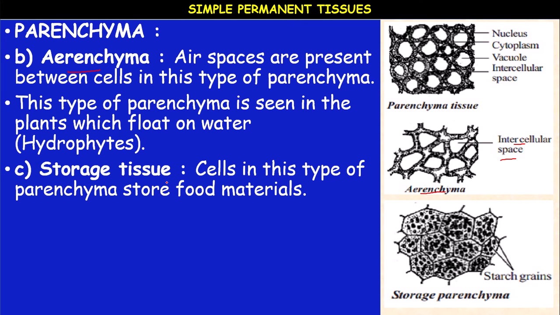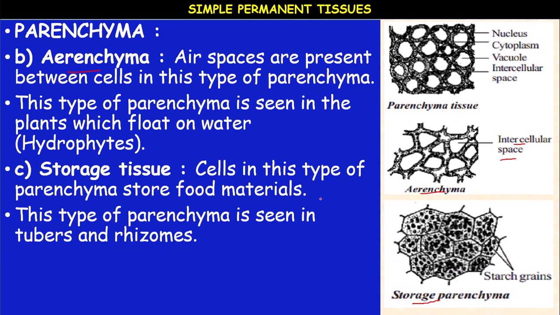Storage tissue or storage parenchyma. The cells in this type of parenchyma store the food materials. They are further divided into different types: water storage parenchyma, food storage parenchyma, like that.